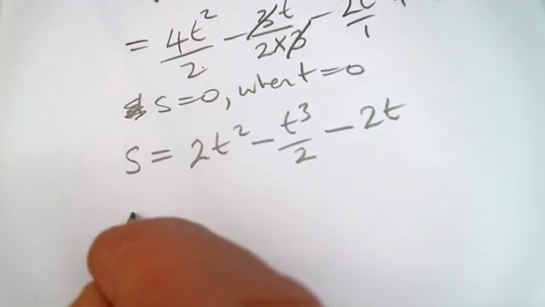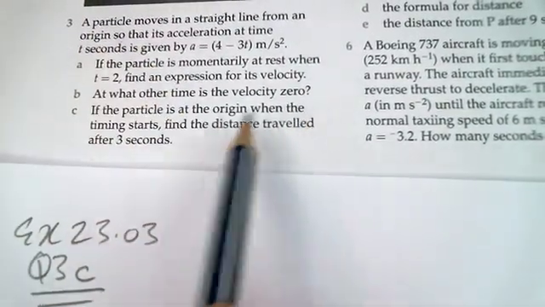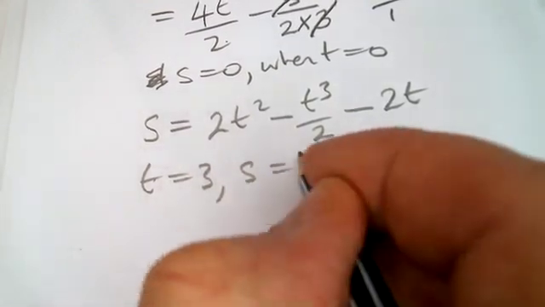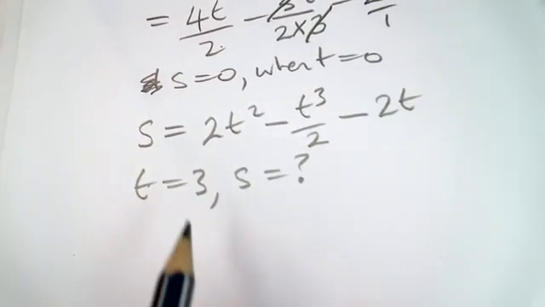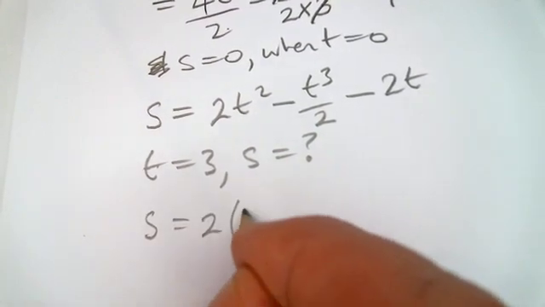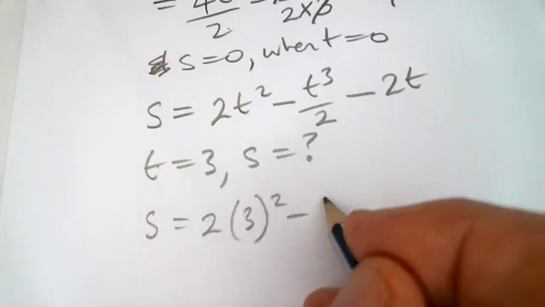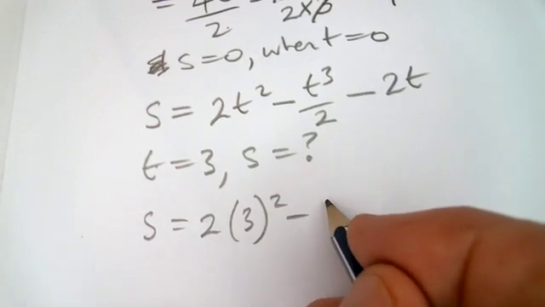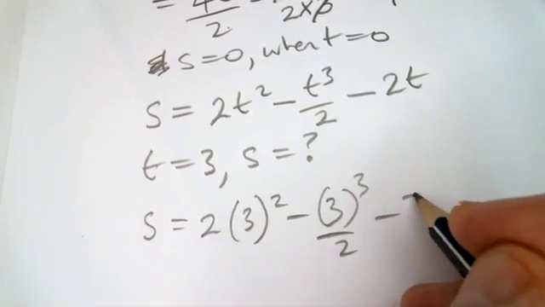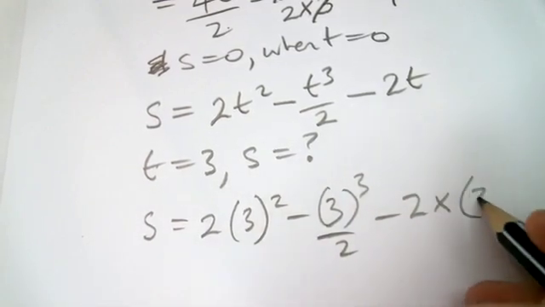All right, we're told the distance traveled after 3 seconds. So t equals 3, S is equal to question mark. We don't know the distance. Let's find it. S is going to be 2 times 3 squared minus 3 cubed on 2 minus 2 times 3.